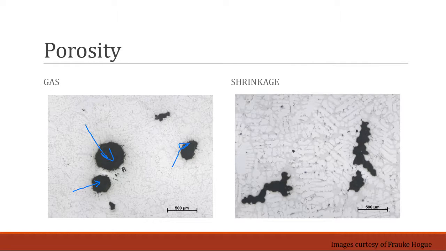If you make a fist and look at your fingers, that's kind of what the shrinkage porosity looks like in these materials. This image over here on the left, you could probably say that one would be shrinkage porosity as well, because it's not spherical in nature. And if you made a fist, you can see some of these little finger-like morphology within that porosity.